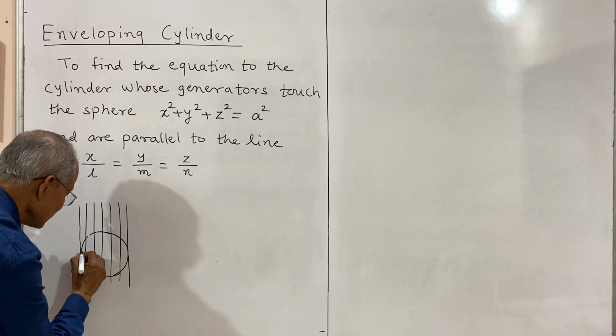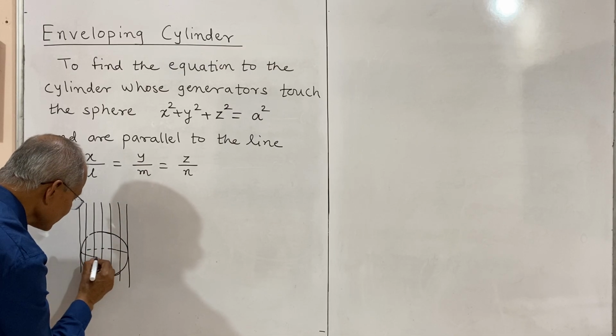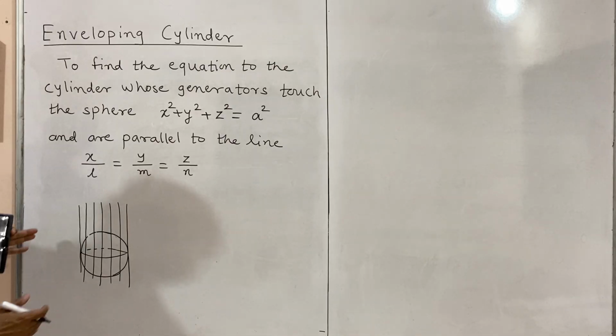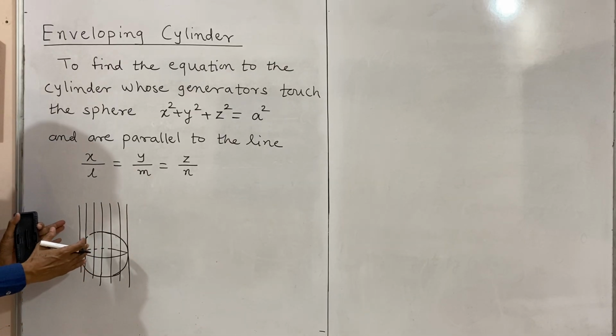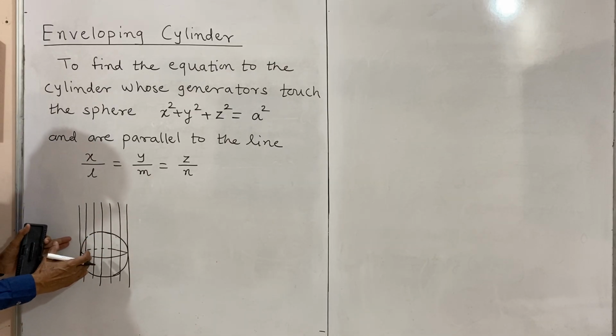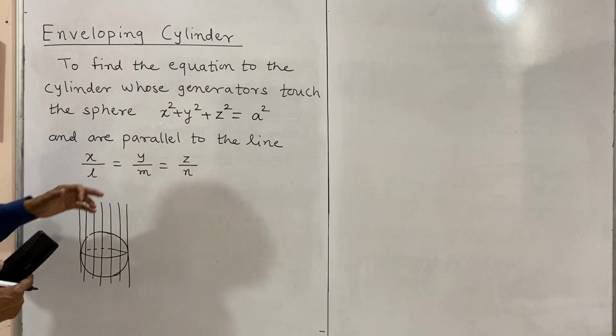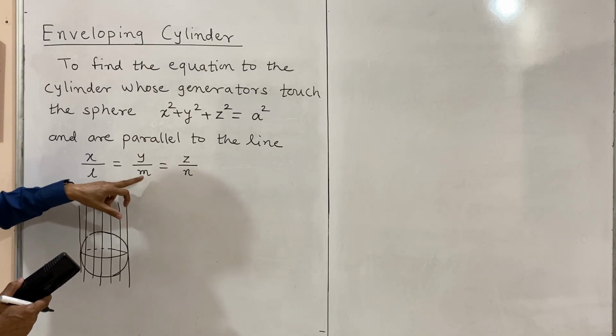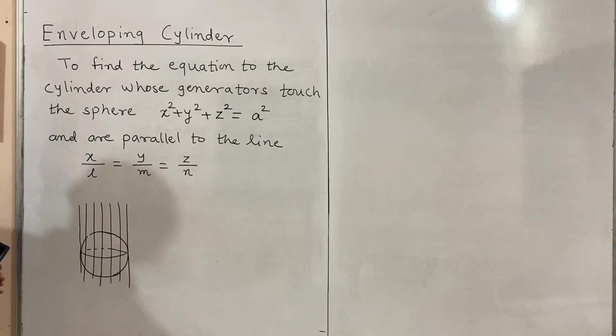This is the sphere, and all the generators of this cylinder will touch it. The generators are parallel to this line that is given.